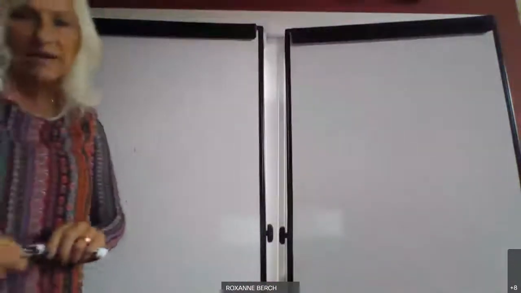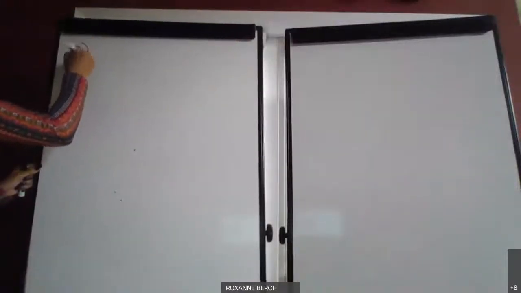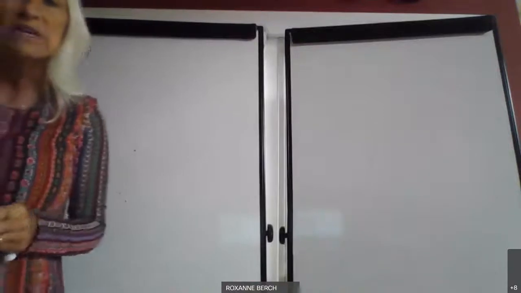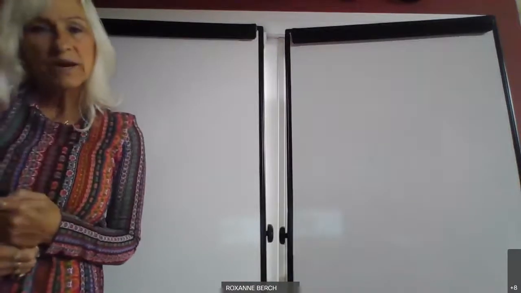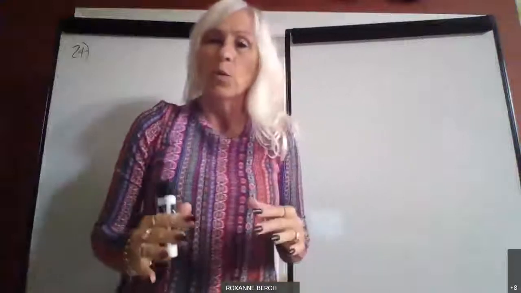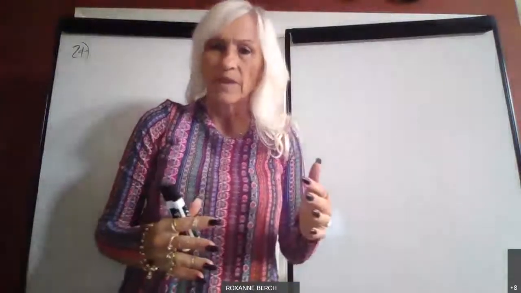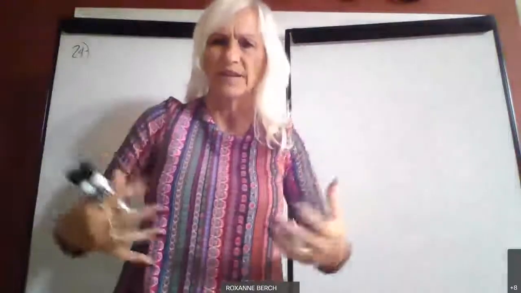All right, I'm on page 829. So page 829, number 24. If you can write it down and work it with me, please. Like I've said before, when you work story problems, it's not like English where you get a feeling about a character, you get a feeling about the story.